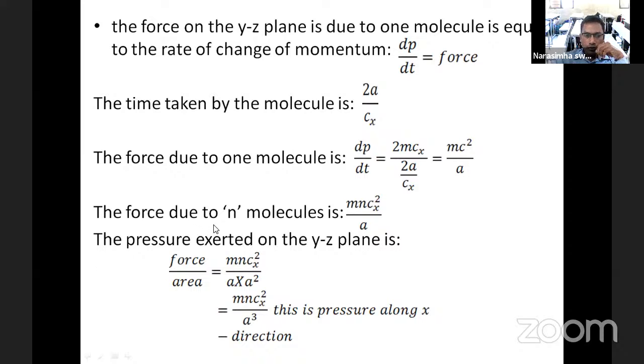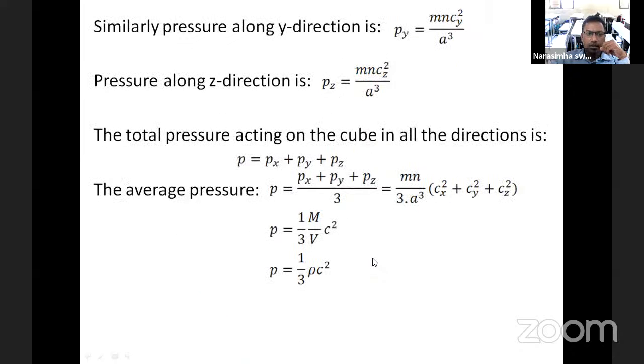The force due to n number of molecules is obtained by multiplying with n in the same expression, and the pressure is exerted on the yz plane. The pressure exerted on the other planes can also be calculated. If the motion is in the y direction, the direction changes accordingly. Similarly, the pressure along the y direction is mncy squared by a cube.